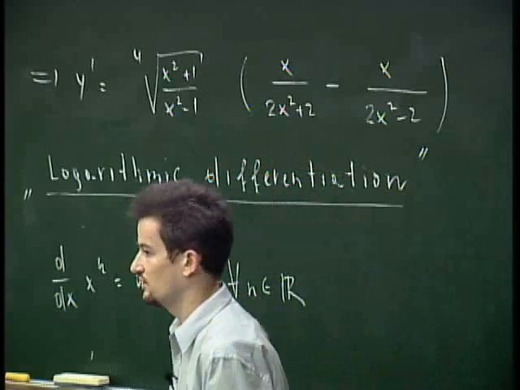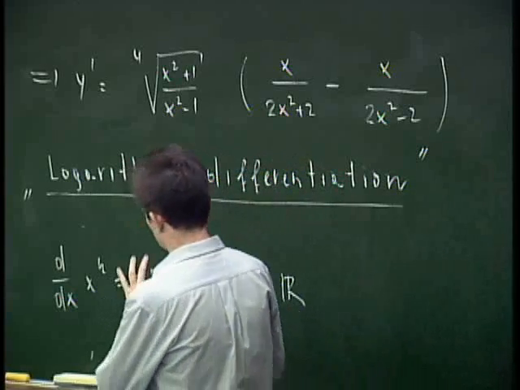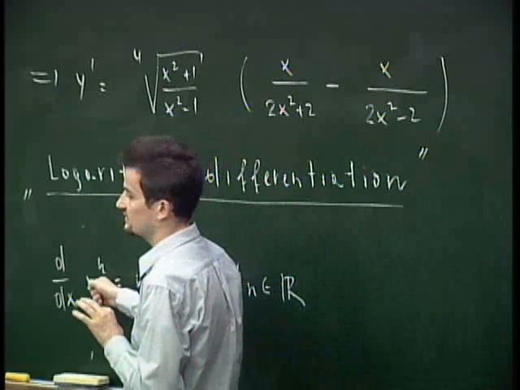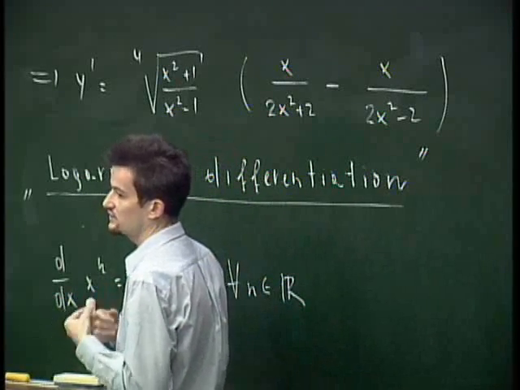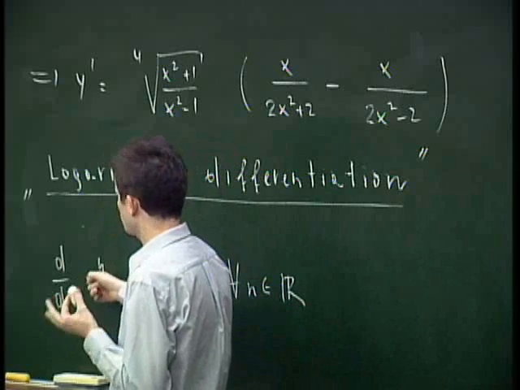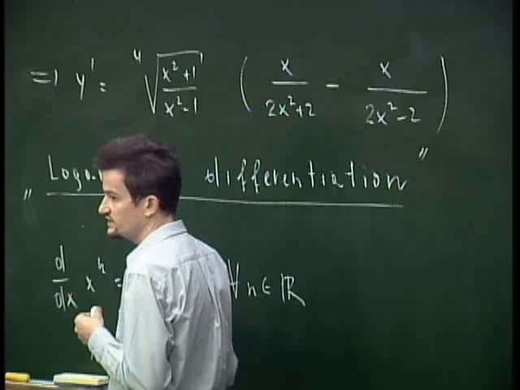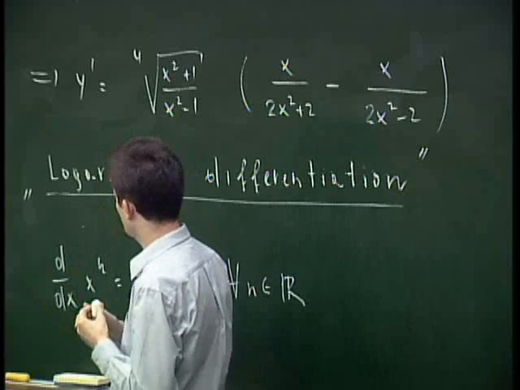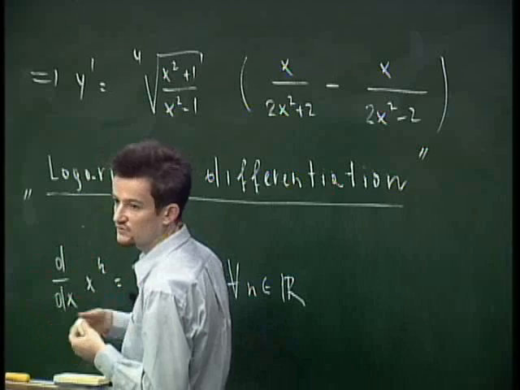Just to remind you, we have first proved for n a positive integer, larger or equal than 1, that this rule holds by using the binomial theorem. This was the first step. The second step was, for n equal to 0, it's trivial.